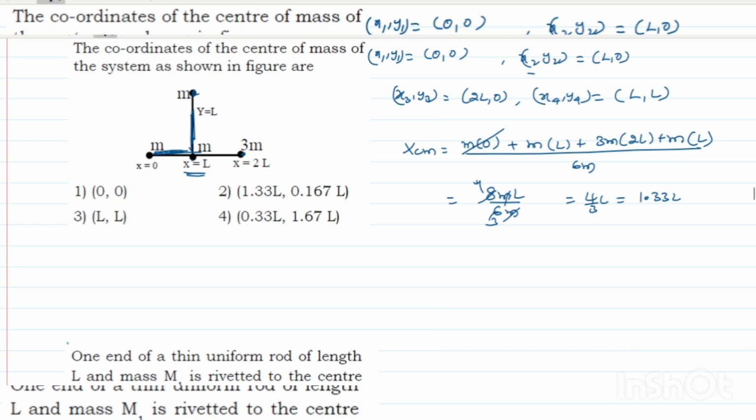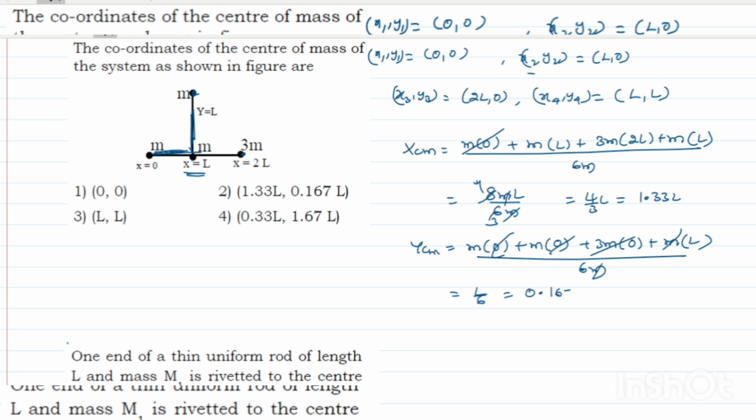Next let us discuss the YCM also. YCM is equal to m1 y1, that is m, the y1 value is 0, plus m into the y2 value, which is 0. The third mass is 3m, and its coordinate is 2L, 0, so that is 0 plus m into its coordinate L. So divided by 6m, the m gets cancelled, and we get L by 6, which is nearly 0.167L.